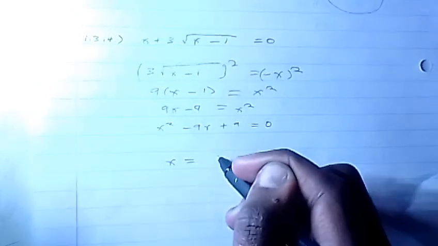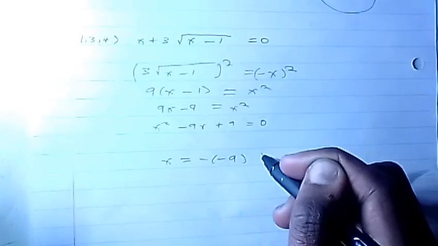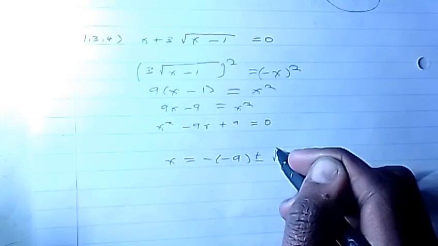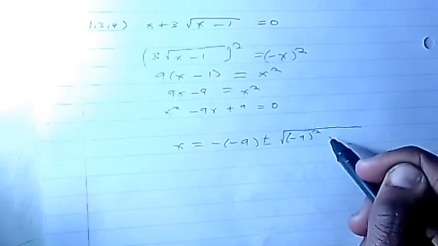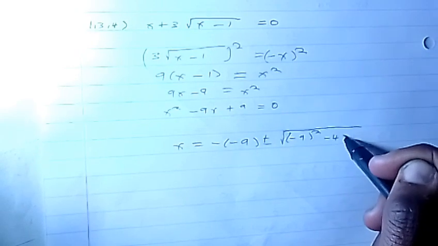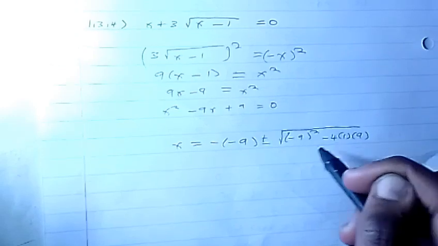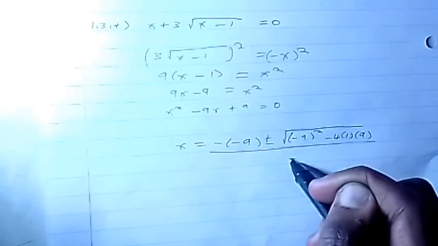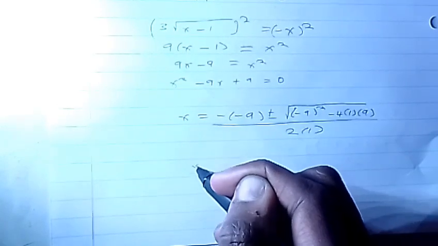So we're going to insert the values into the formula. So it's going to be negative 9 squared minus 4 times 1 times 9.